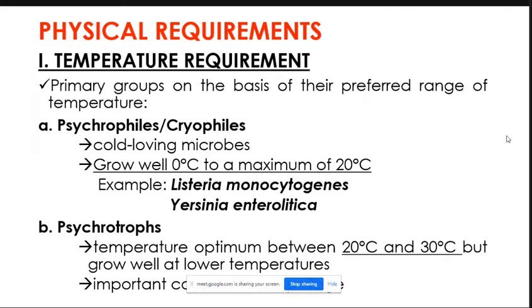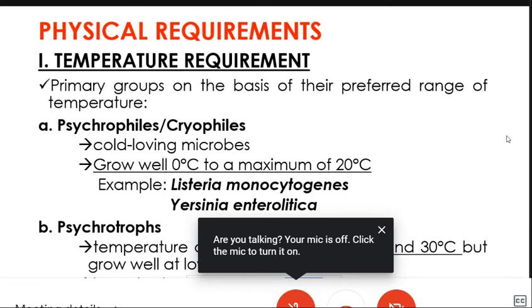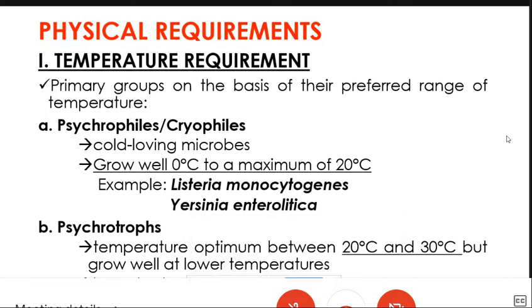So you have here your psychrophiles or your cryophiles. Cryo is more commonly used, since from the word cryo it already means cold. So these are your cold-loving microbes, and they grow well at 0 degrees centigrade to a maximum of 20 degrees.